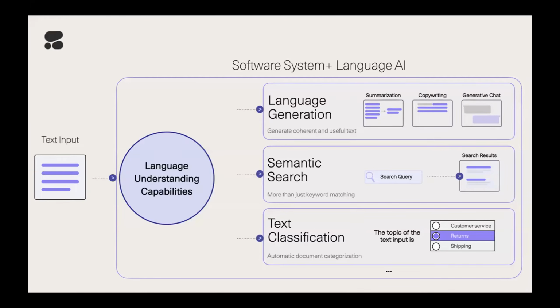But then you have things like summarization. Summarization can be done really well with these models, and so it's a generative application. Copywriting, if you tell the model to write you an essay or an email about something, is a generation capability that you can use in a pipeline. And there are a few others that are language generation capabilities.